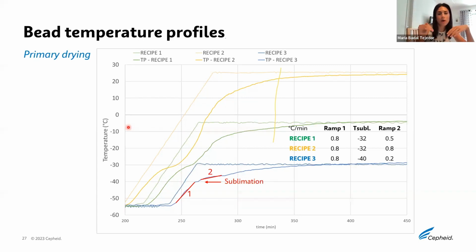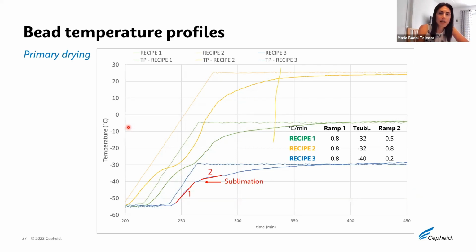So depending on where we set our shelf temperature, we will provide energy into the system faster or slower, which allocates more or less time for our bead to complete drying before it meets any of the critical temperatures that will collapse the system.